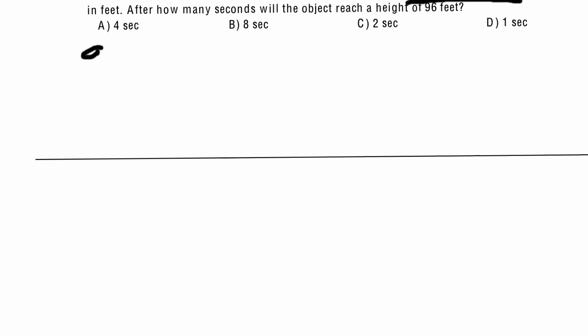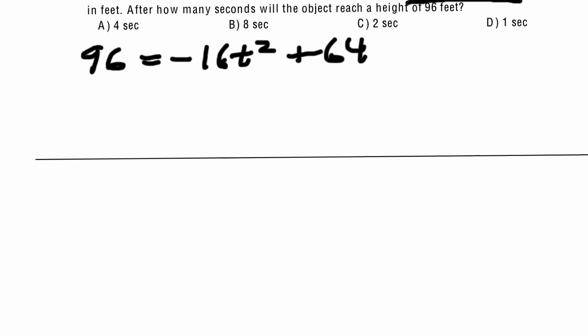So we're going to get 96 equals negative 16t squared plus 64t plus 32. Okay, so this looks a little weird. Alright, so we're going to add a negative 32 to both sides.